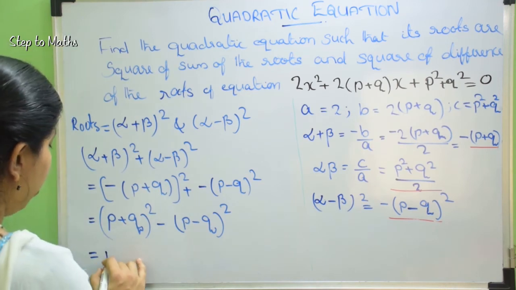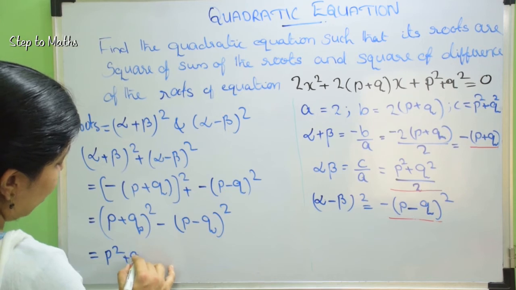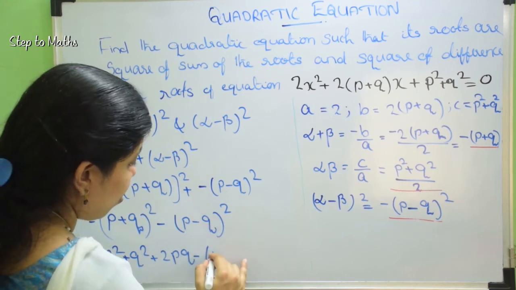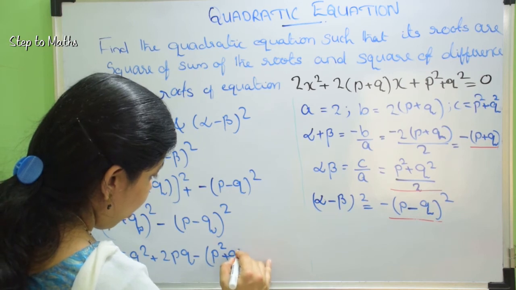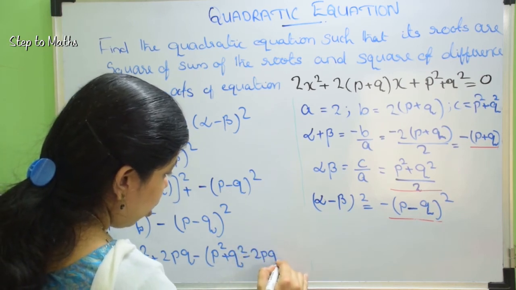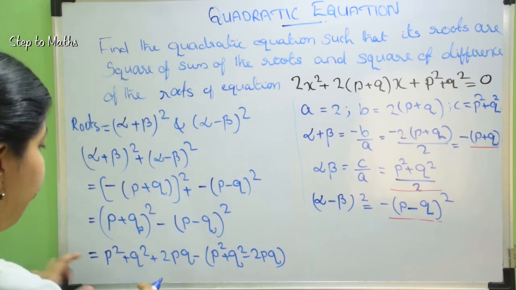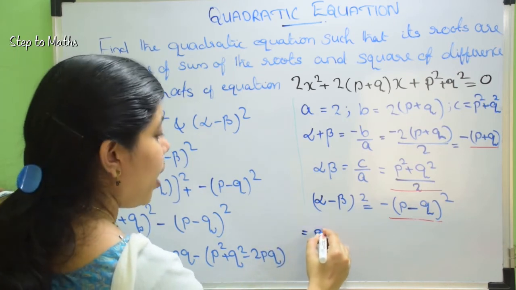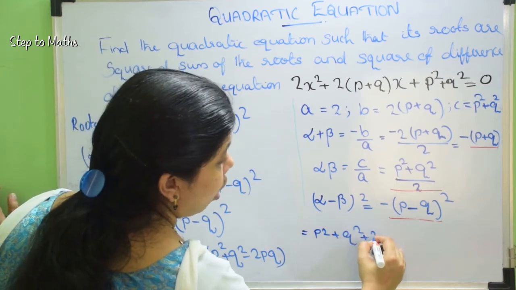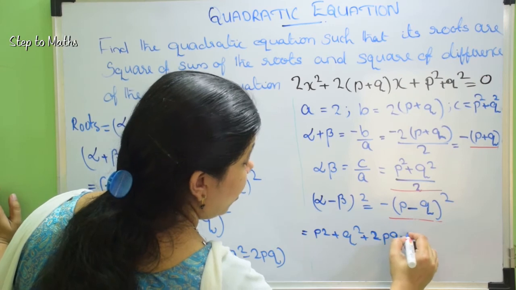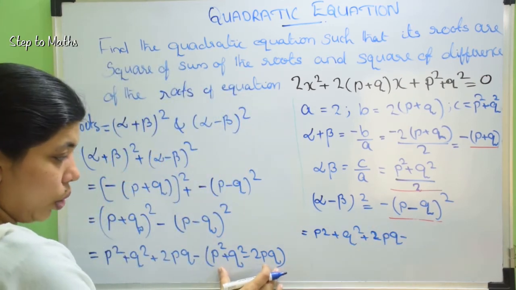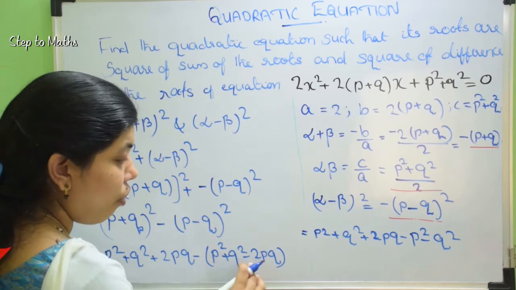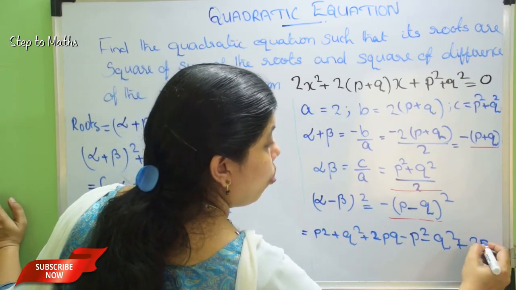Then if we use the expand formula, p square plus q square plus 2pq minus p square plus q square minus 2pq, and if we apply this minus, it becomes p square plus q square plus 2pq minus p square minus q square, then minus of minus becomes plus 2pq.